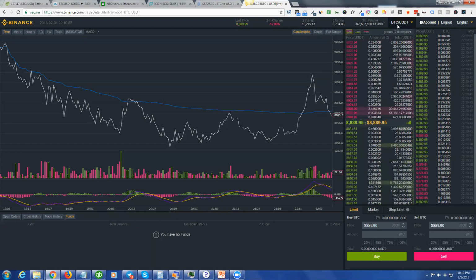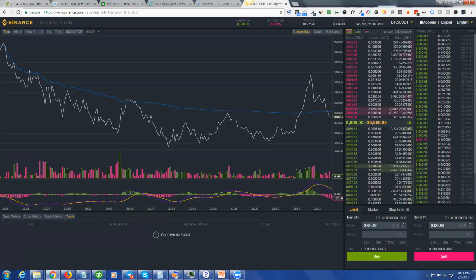So if I'm going to trade Bitcoin and I want to sell a Bitcoin, I put in how much Bitcoin I want to sell and at what price. It's a limit order, works the same way.